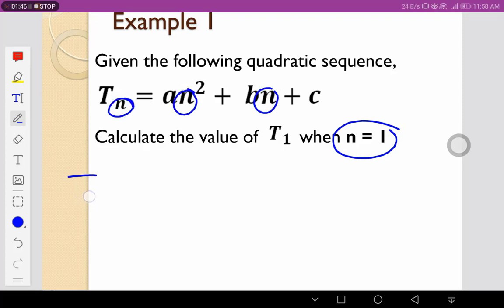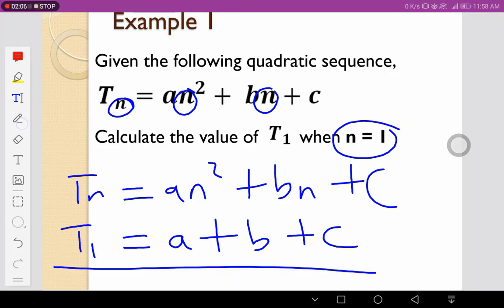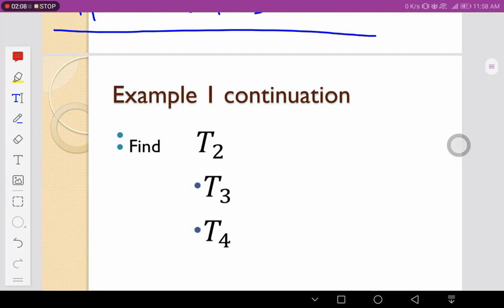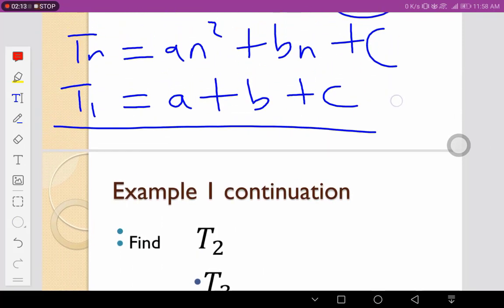So I'll have Tn is equal to an squared plus bn plus c. This becomes T1 is equal to a plus b plus c. This is term number 1. Let's do term number 2.